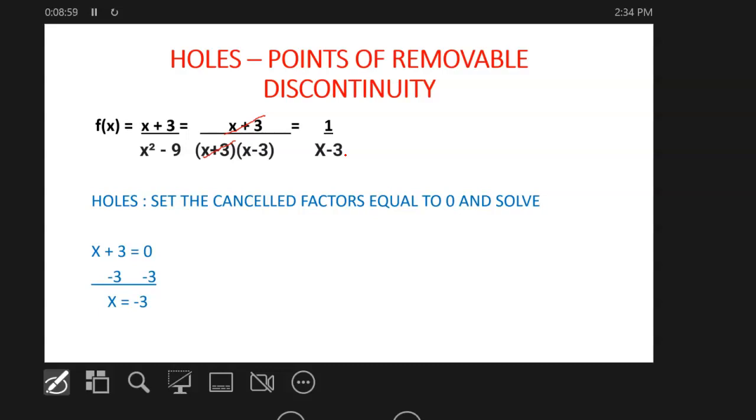So this problem in essence has the vertical asymptotes of x equals positive 3 and x equals negative 3, but because we canceled that factor out, that made one of the vertical asymptotes become a hole.